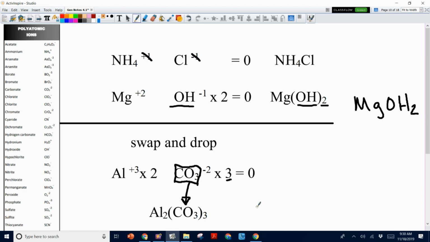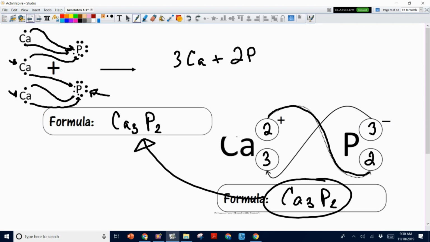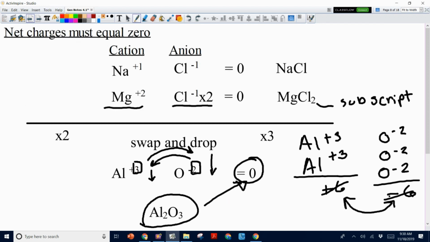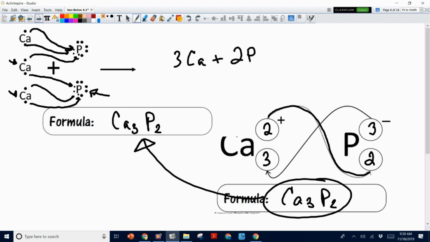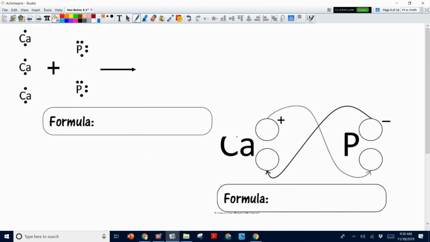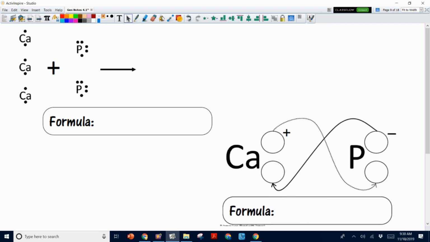Okay, now I'm going to go back because I'm going to talk about naming. When you're using just 2 elements, like these, the name that we're going to use is we take the first element and just write the name of that element down. So this is calcium.